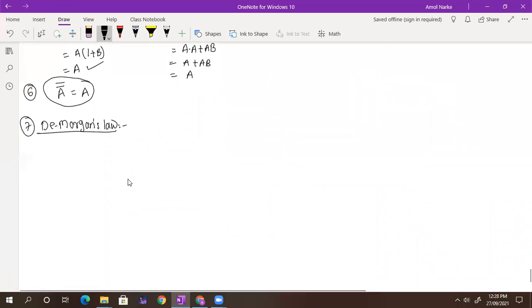Yes, I think we have discussed that one. A plus B, whole bar, is equal to A bar dot B bar. And the second one we have is exactly opposite.